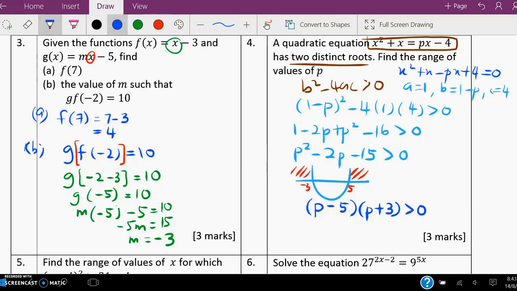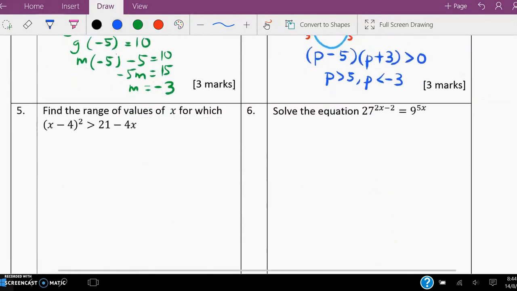So the answer will be b greater than 5, b less than negative 3. Okay, so continue with number 5 now.